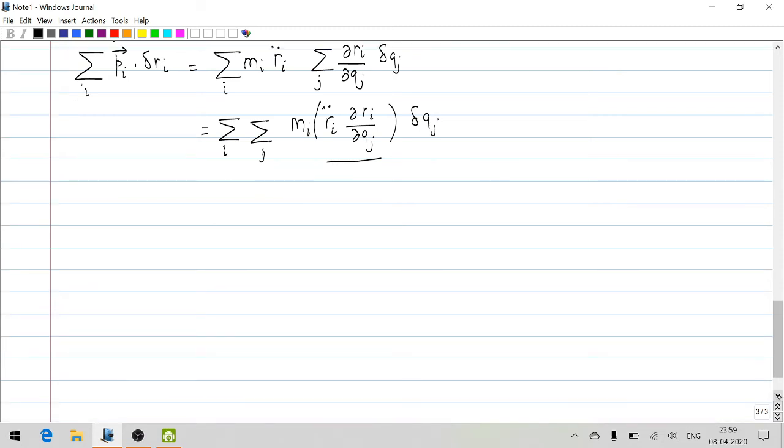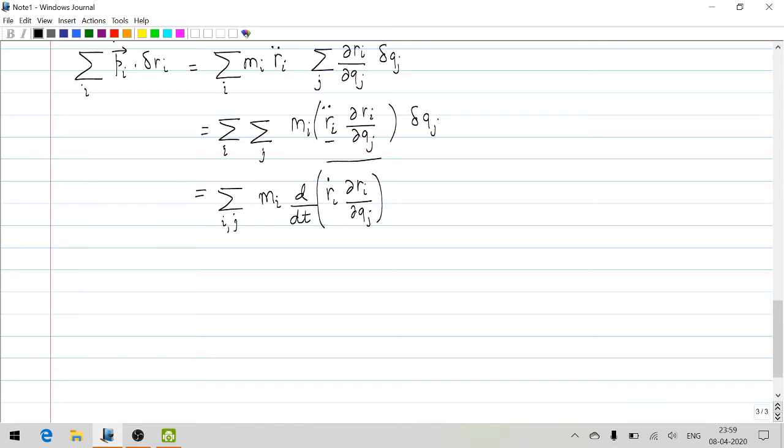So if I have to do this, from here onwards I am going to write both summations as i comma j, it's a matter of convention actually. When I take one derivative out from this term, this will be mi d by dt of Ri dot dou Ri upon dou Qj.